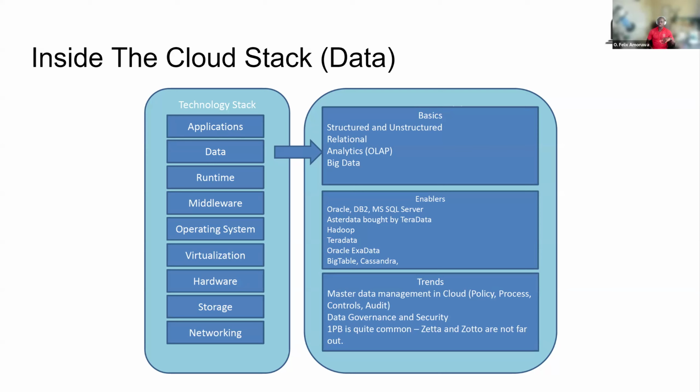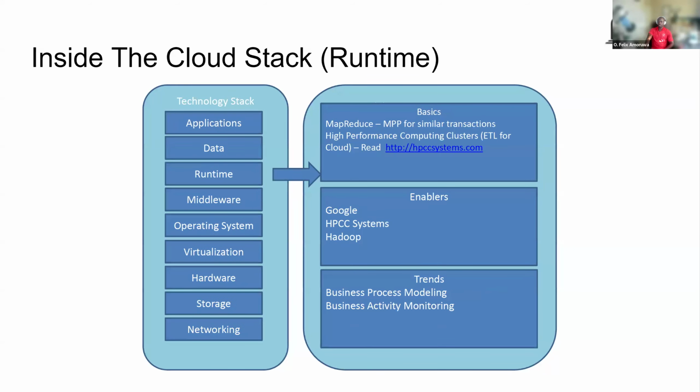Or you may be interested in Cassandra or Bigtable or MongoDB as other types of databases that you'd like to get access to. At the runtime layer, you have MapReduce, HPC clusters. These are intended to help with high computation tasks.